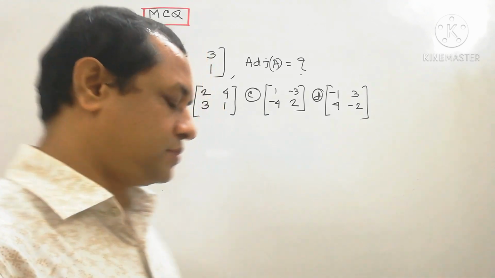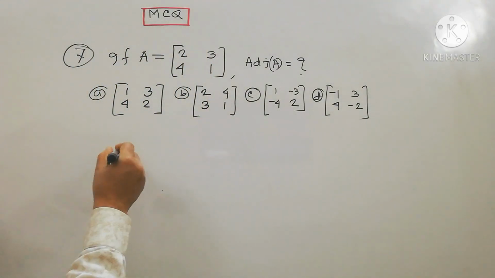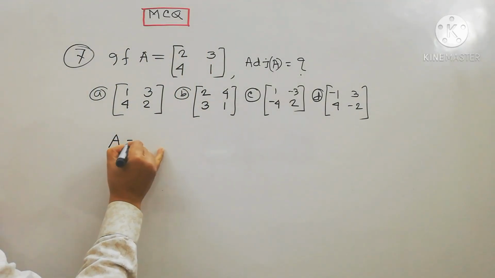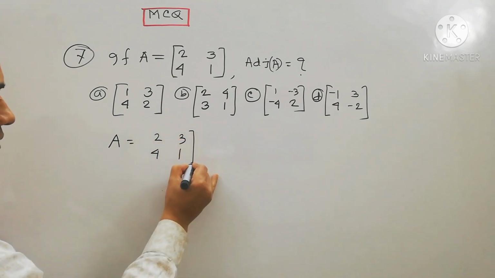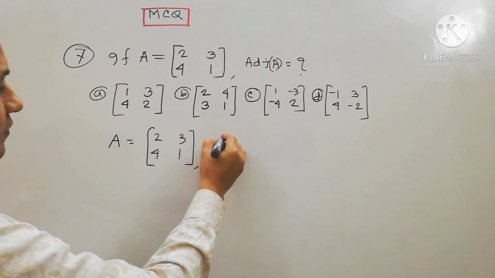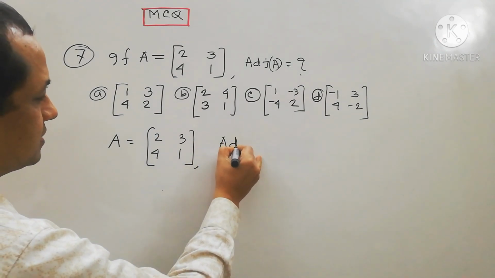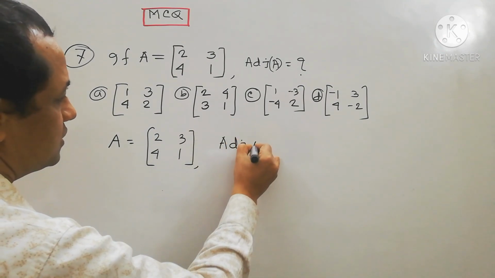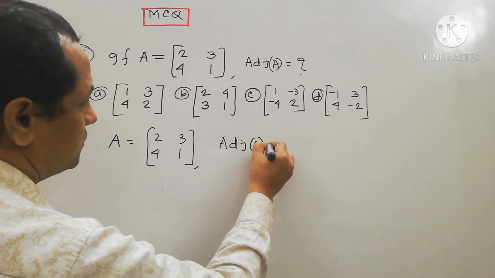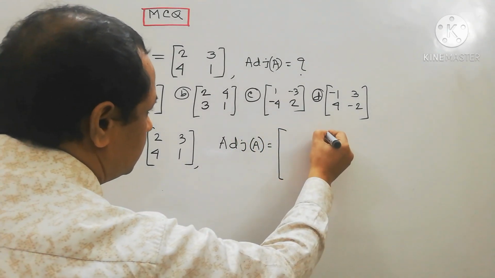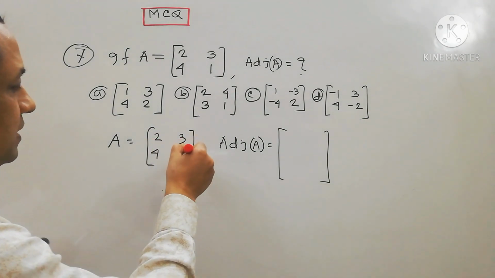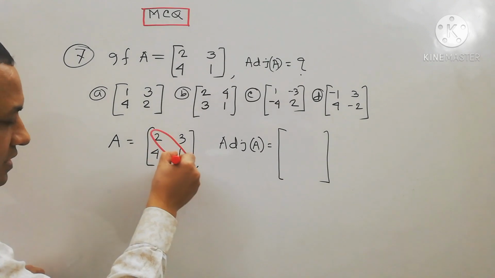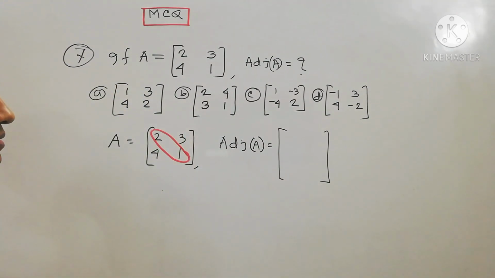Student, look at the board. Given matrix A equals 2 4 and 3 1, find the adjoint matrix, adjoint of A. Student, it is a very simple and shortcut method. Now we have the principal diagonal, interchanging the principal entries.